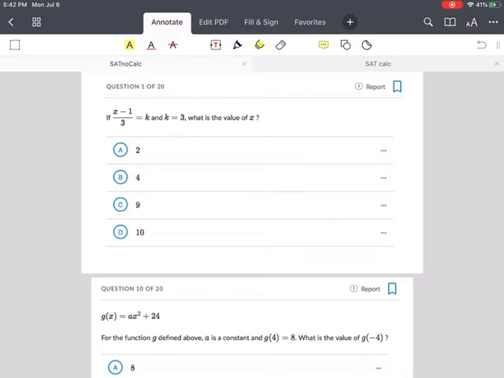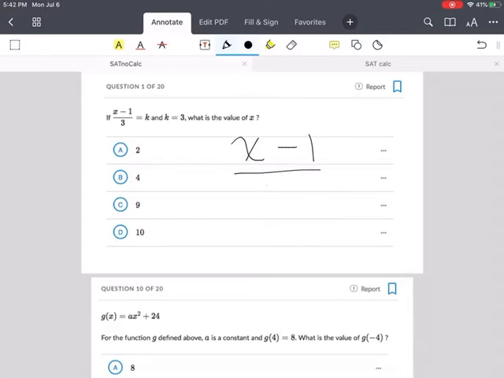The first question we have here is question 4. It says if x minus 1 over 3 equals k, and k equals 3, what is the value of x? So this is a simple algebra question. We would say x minus 1 over 3 equals k, and they say k equals 3. So we can just say x minus 1 over 3 equals 3.